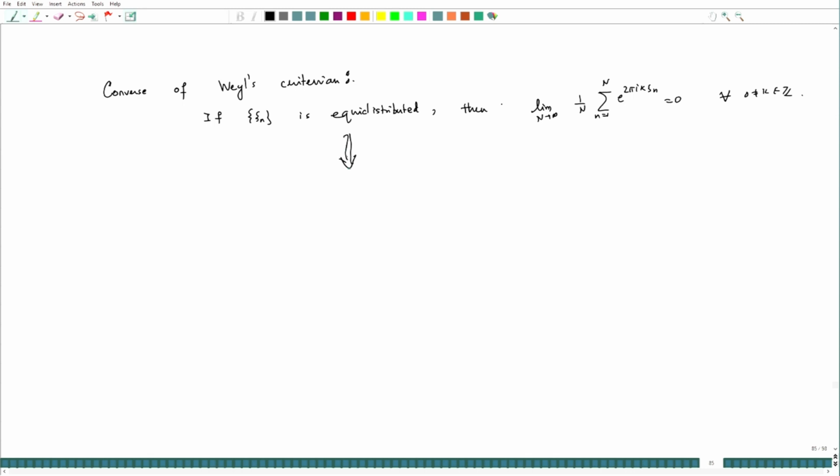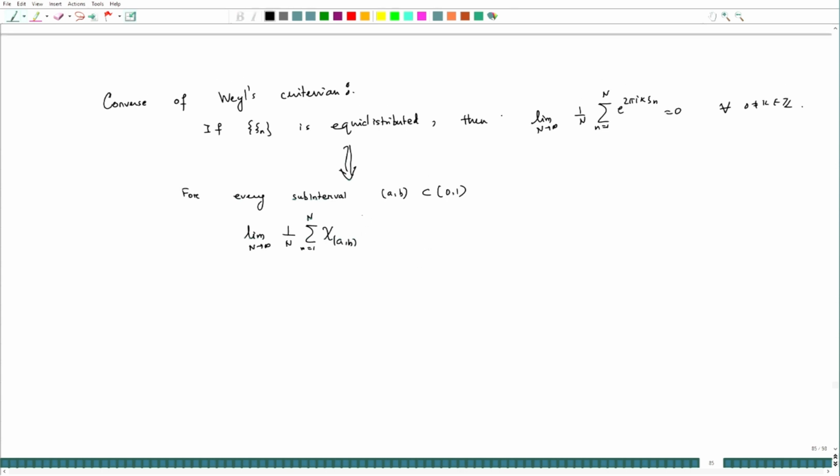We have seen that this implies that for every subinterval a b of 0 1, the limit as n goes to infinity of 1 over n times the cardinality of the xi in the interval a b is equal to b minus a.